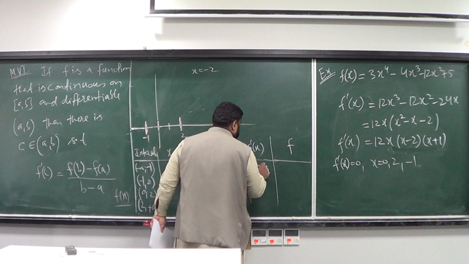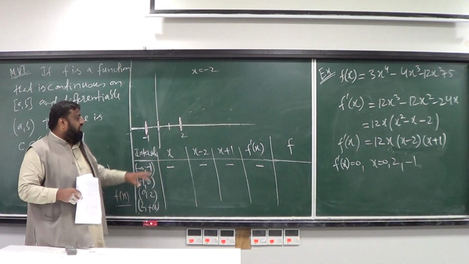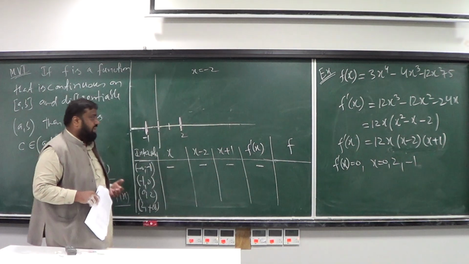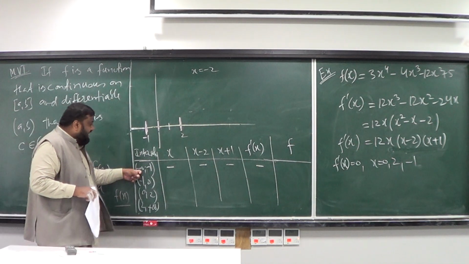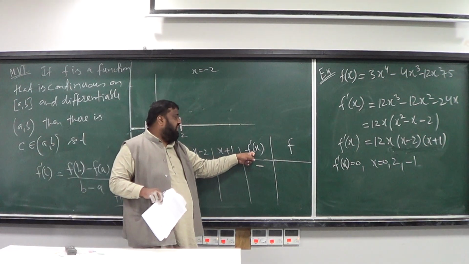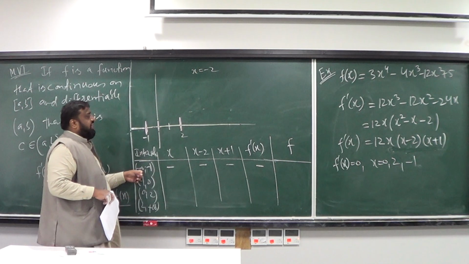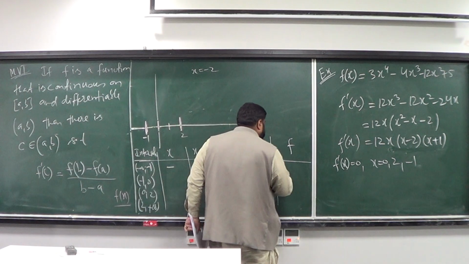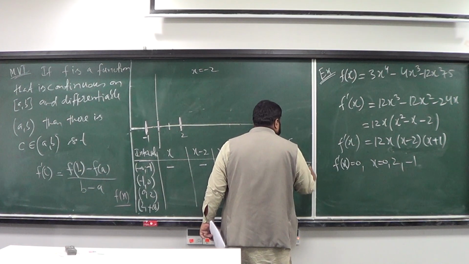So the sign is negative. Okay? In other words, when x is negative, x minus 2 is negative, x plus 1 is negative, f prime of x will also be negative actually. Now if in this interval f prime of x is negative, tell me what kind of behavior f is going to show. You're going to say f is decreasing actually. F is decreasing.